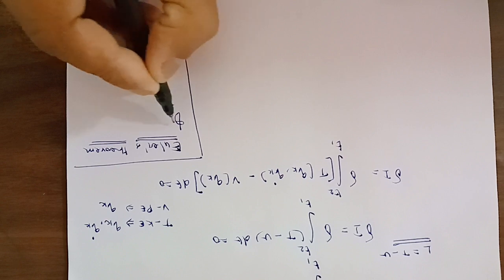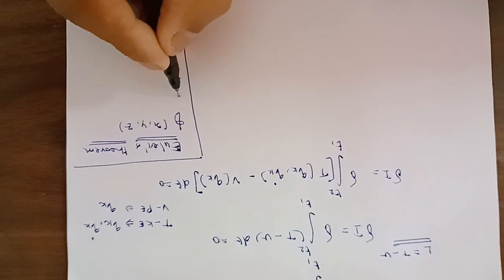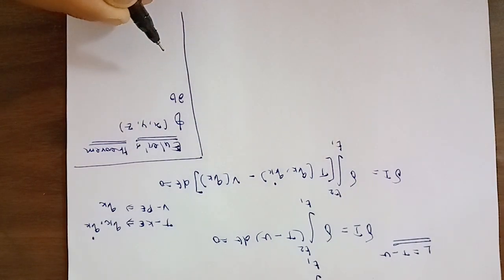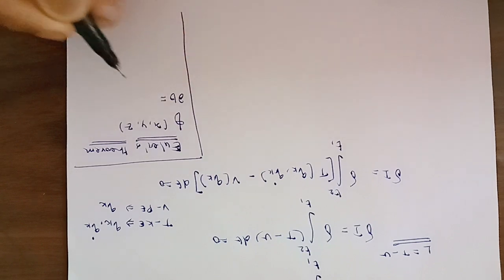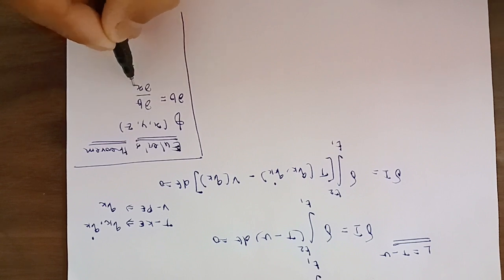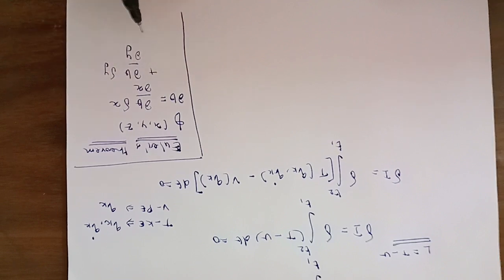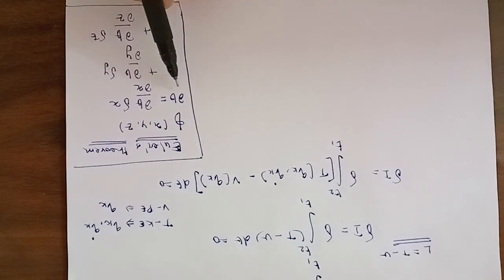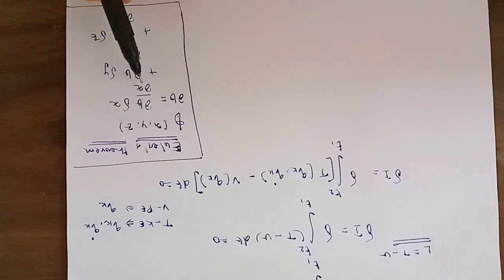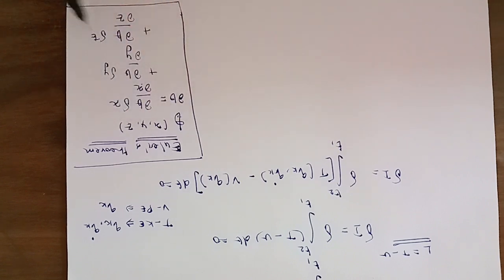If there is a function f and it has three coordinates x, y and z, and I want to calculate the value of dou f, then according to Euler's theorem, first f is differentiated partially with respect to x into delta x, plus f partially differentiated with respect to y into delta y, plus f partially differentiated with respect to z into delta z. So dou f equals dou f by dou x into delta x plus dou f by dou y into delta y plus dou f by dou z into delta z.